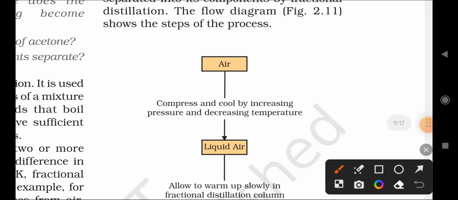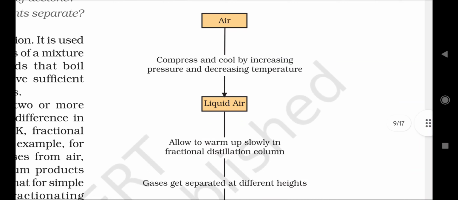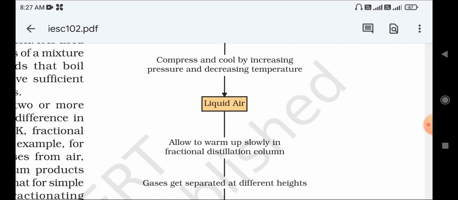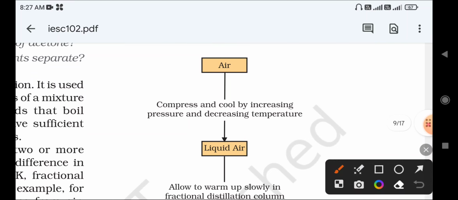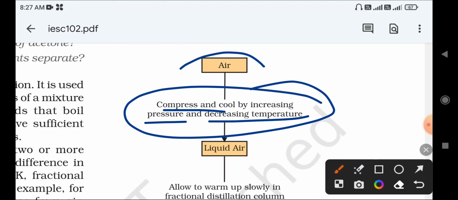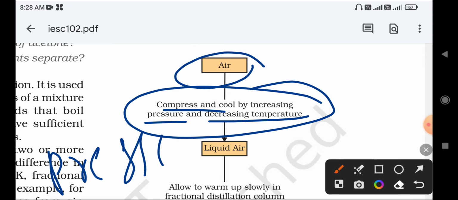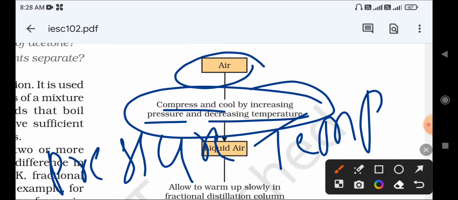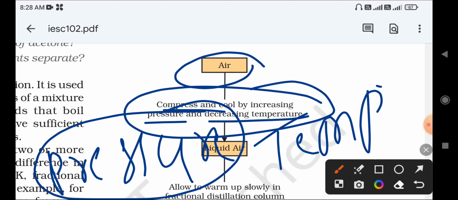First, air is there. Compress and cool it by increasing the pressure and decreasing the temperature. Remember, the air should be converted into liquid air. For 1 mark they may ask how we can convert air into liquefied air: you have to increase the pressure first and decrease the temperature.